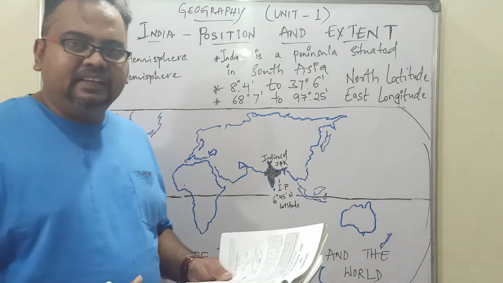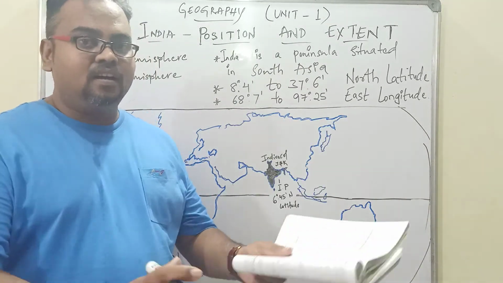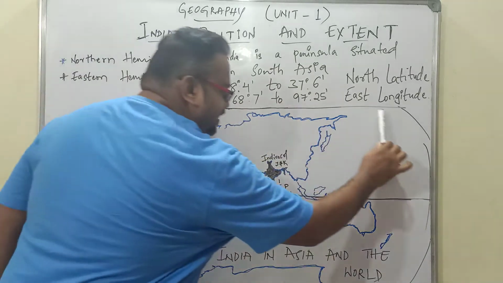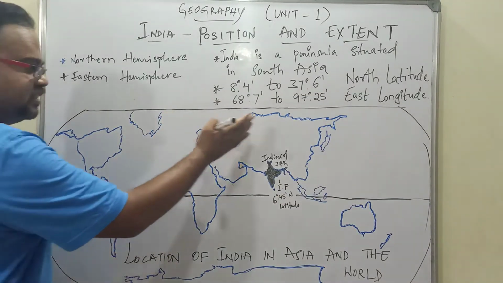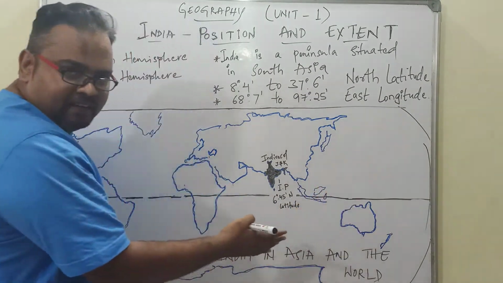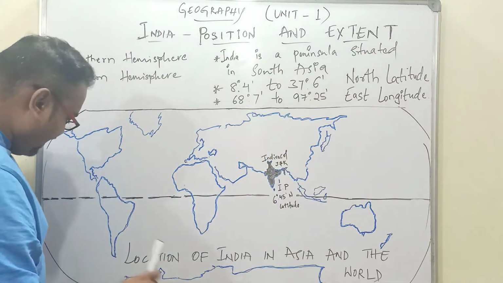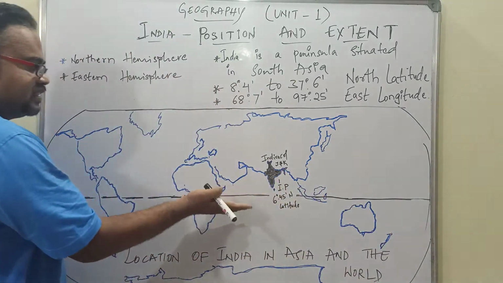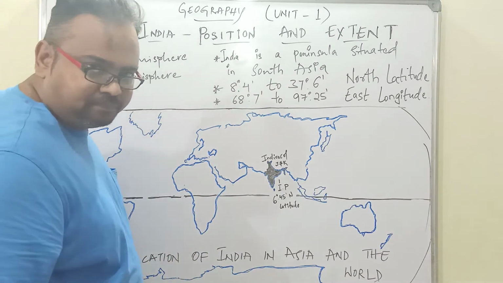A hemisphere is the space occupied in the globe. When we consider this as a globe, the space occupied here is considered a hemisphere, and the line in the middle which I have marked divides the northern hemisphere and the southern hemisphere.